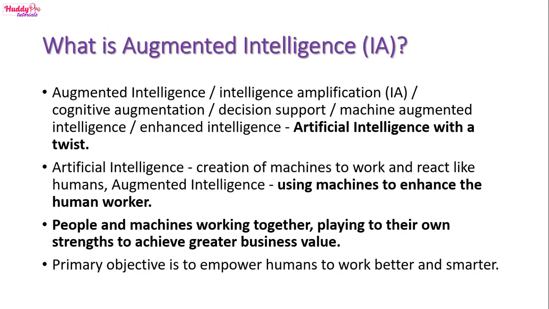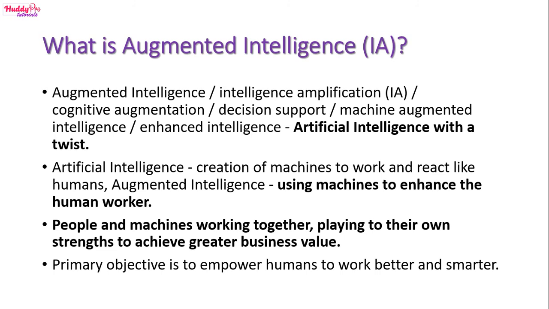Now let's talk about augmented intelligence, and I think this is going to mark the end of our introduction to AI. I think you are now getting a picture of what AI is. What's augmented intelligence? Augmented intelligence is normally abbreviated as IA, while AI is artificial intelligence.